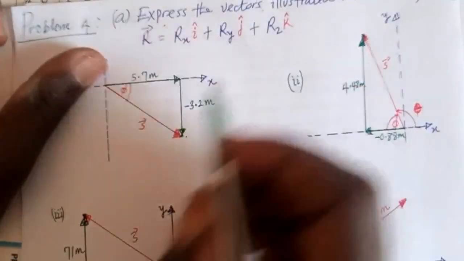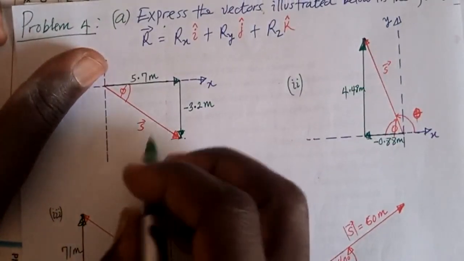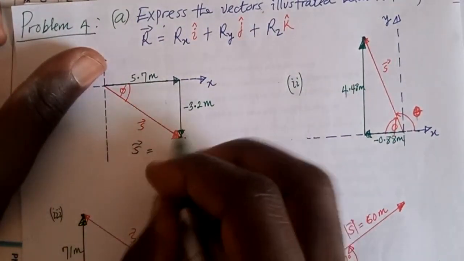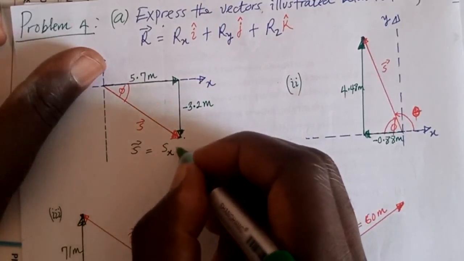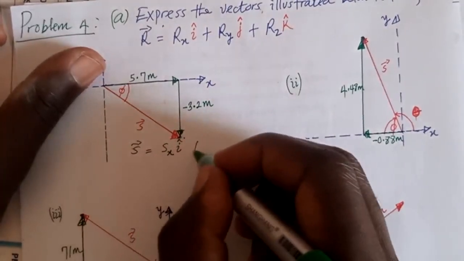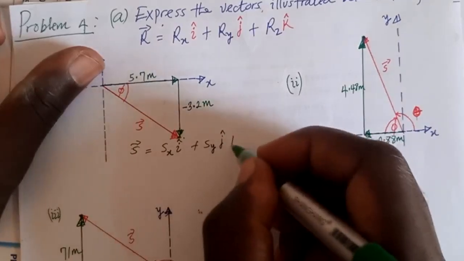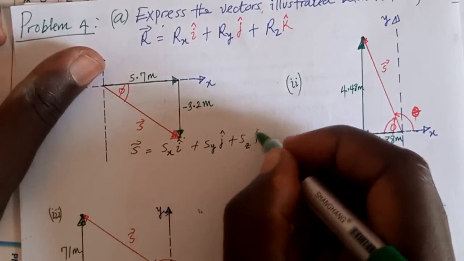It's just an example here to serve as a guide. Now our vector s, remember, we can say s sub x i cap plus s sub y j cap plus s sub z k cap.